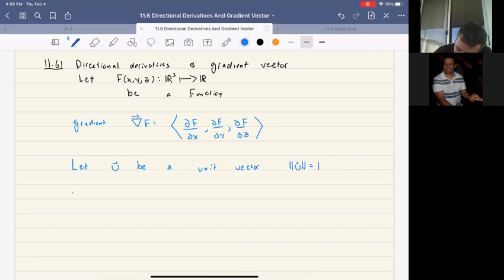Then some people write, I think it's written in the book, D_u of f equals the gradient of f dotted with u, which is going to be, of course, partial of f with respect to x times the x coordinate of u plus partial of f with respect to y times the y coordinate of u plus partial of f with respect to z times the z coordinate of u. Okay, so that's the directional derivative.